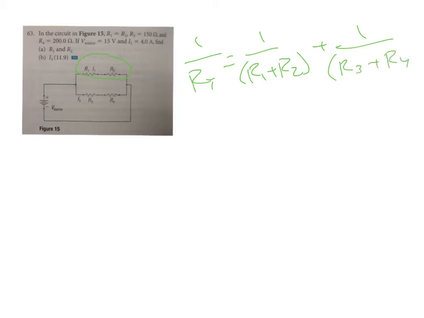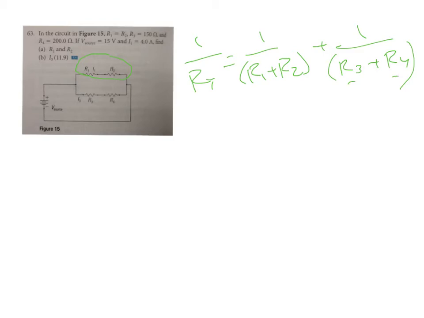Solving for the individual resistors now, I know that the overall formula for a parallel circuit looks like this: 1 over RT equals 1 over R1 plus 1 over R2, and so on and so forth. In this case, because my resistors in the first branch are in series with each other, I'm going to find a sum of those two together, and that's going to be my first component. So 1 over R1 plus R2, plus 1 over R3 plus R4 for the second branch of the parallel component of my circuit.